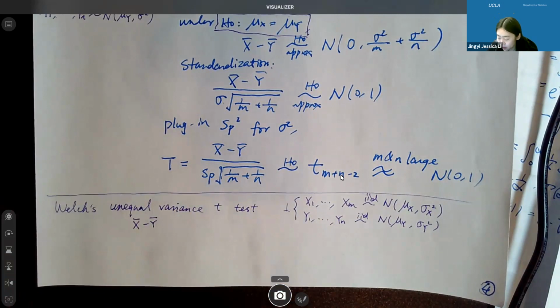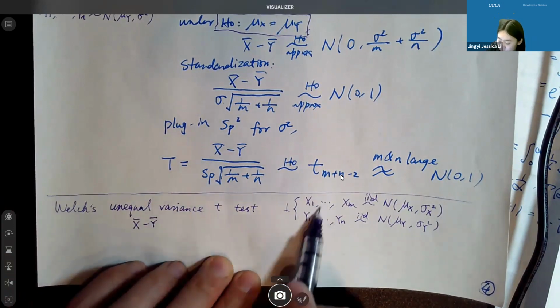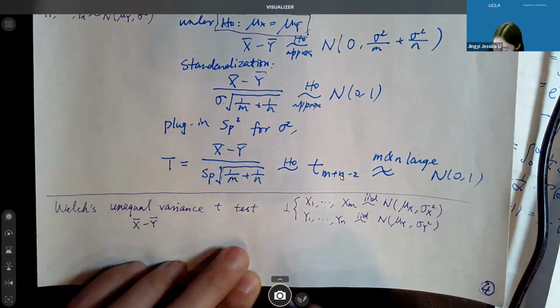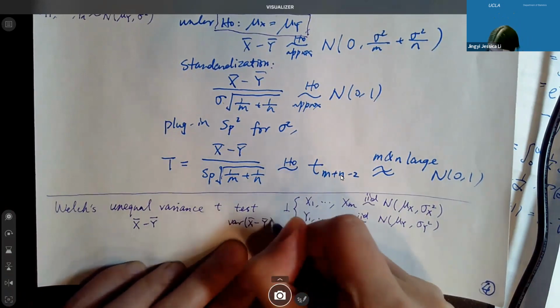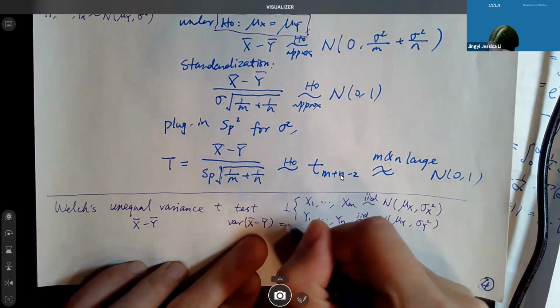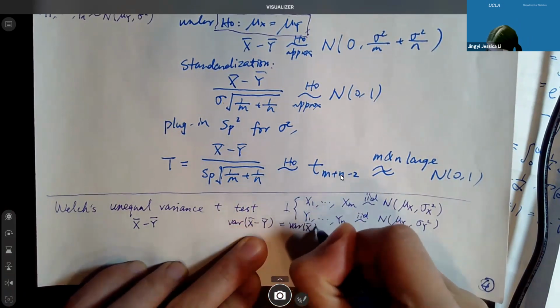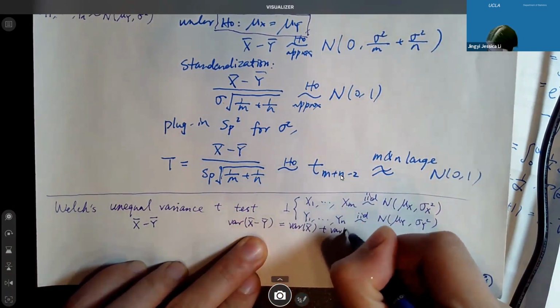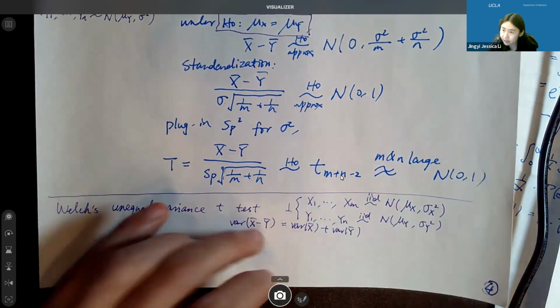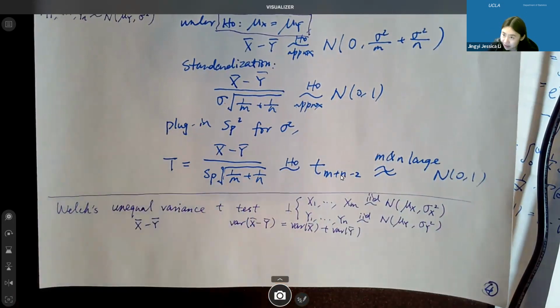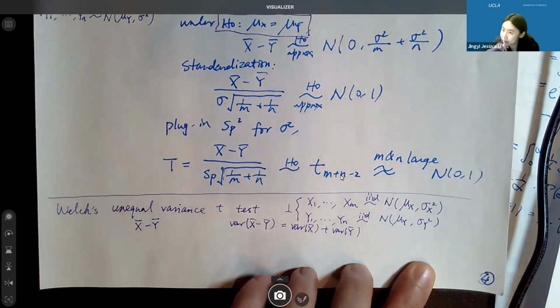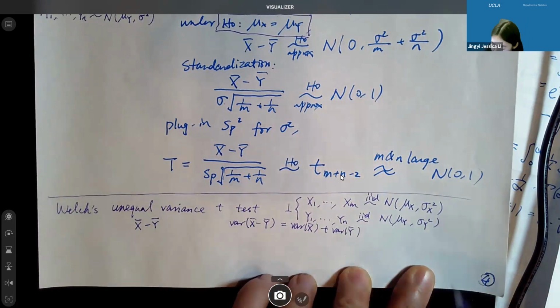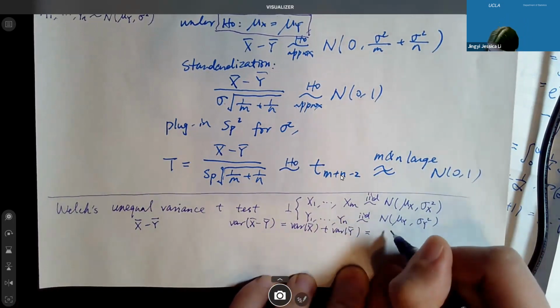What's its variance? Under the assumption that these 2 samples are independent, we can easily derive that the variance of x bar minus y bar is equal to the variance of x bar plus the variance of y bar, right? And for the variance of x bar, I'm basically assuming a lot of basic mathematical statistics without deriving everything, but I'm just giving you the result.